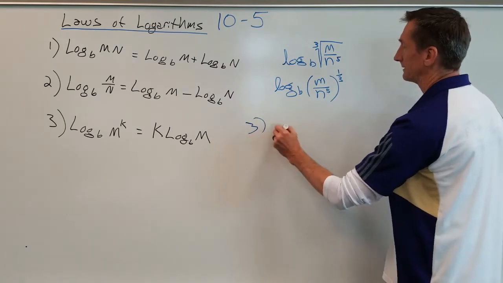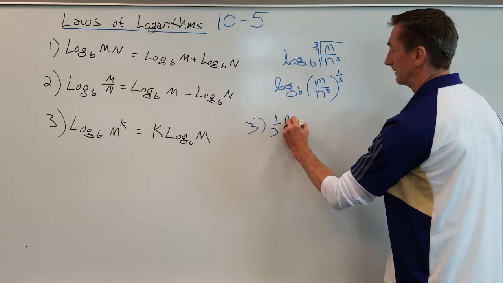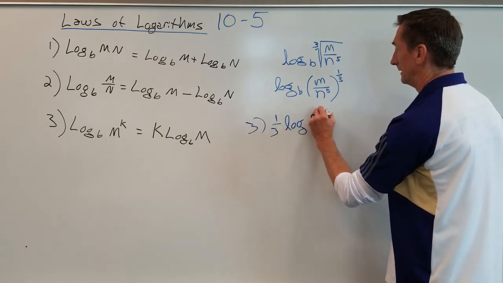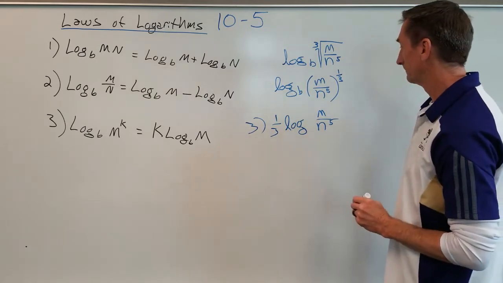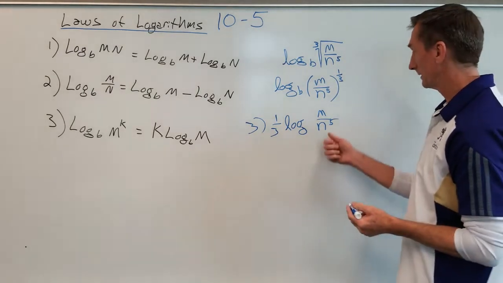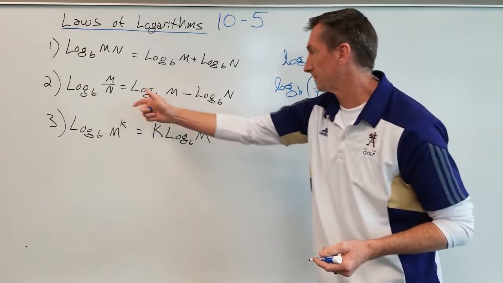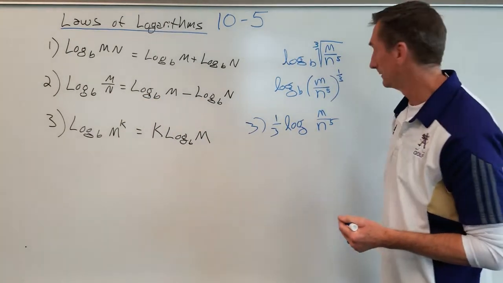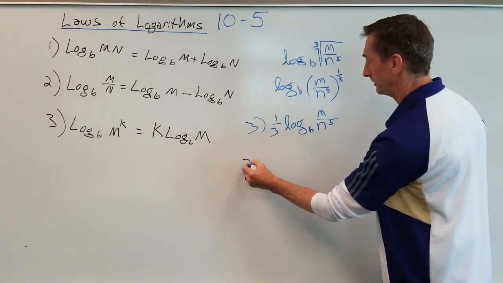Law number 3 is going to give me 1/3 times log m over n to the 5th. Okay, now I've got this thing which looks much like this, except we'll have an exponent to deal with at the end. Okay, now let's apply law number 2.